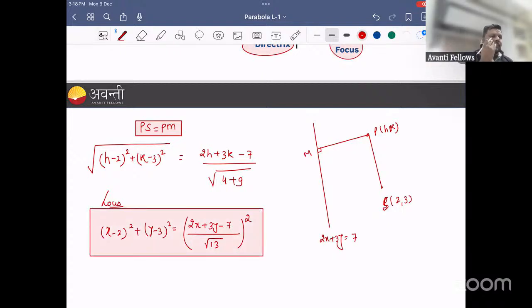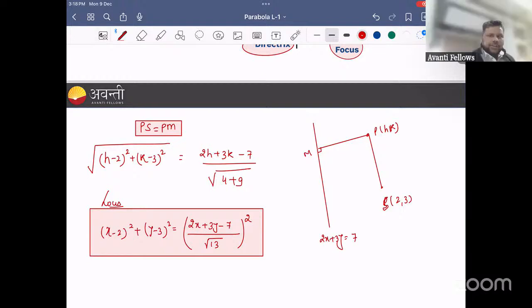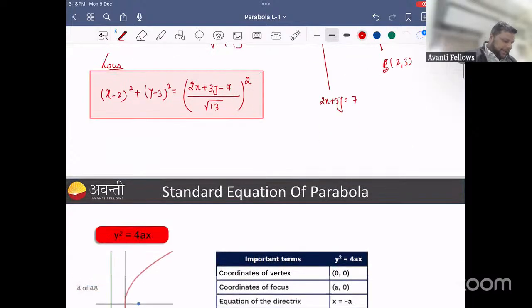Am I clear? Yes, sir. Sorry, Dhruvi, what are you saying? Dhruvi? Anyways, so this is what we call a parabola.